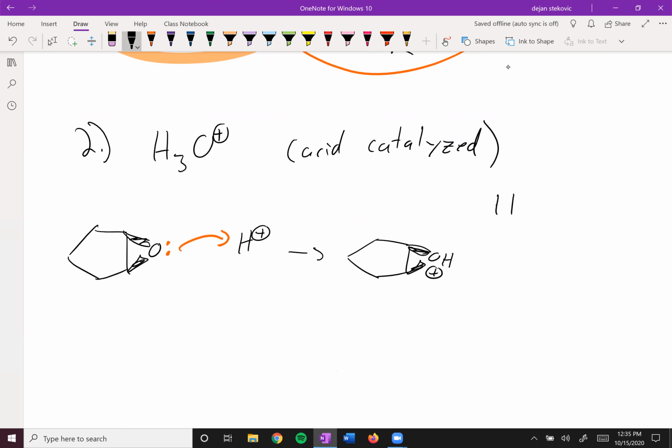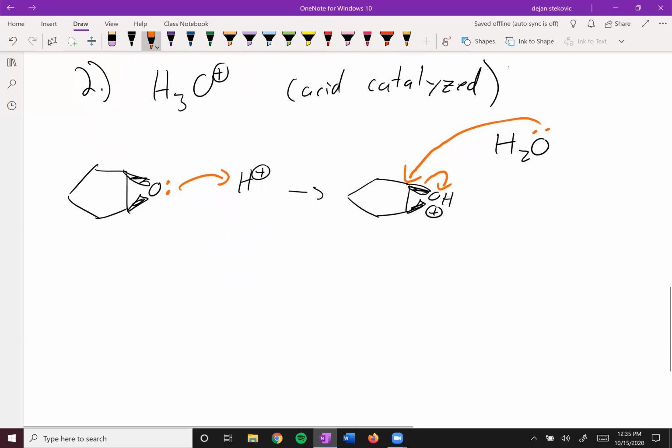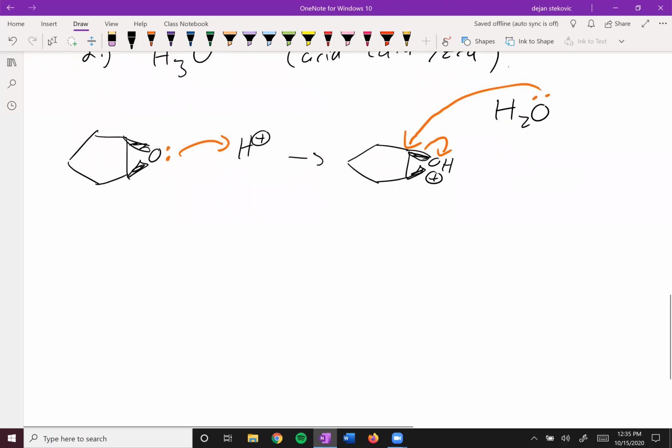And then we have some water floating around here. This water will nucleophilically attack our epoxide, very similar to the bromonium and the mercurinium ion, right? You see these are overall very similar mechanisms. And so, of course, they're going to add anti to one another.